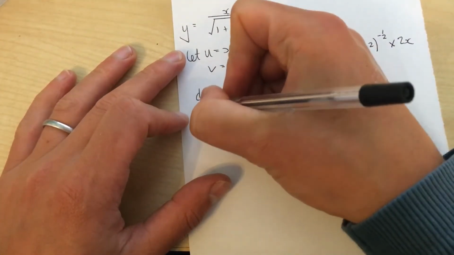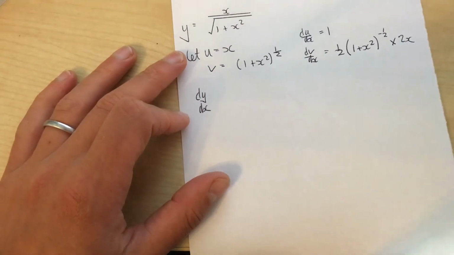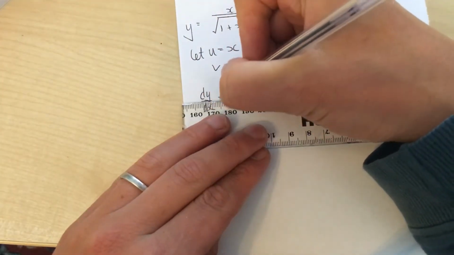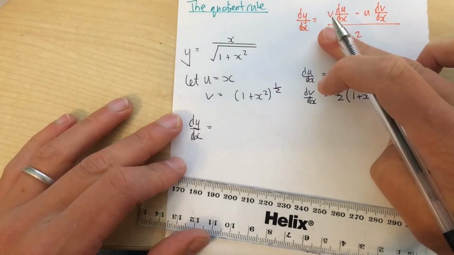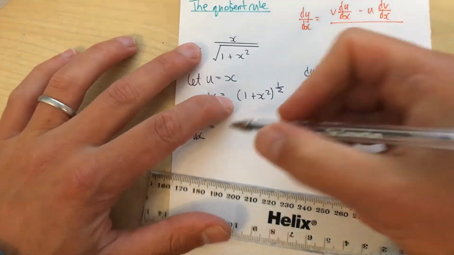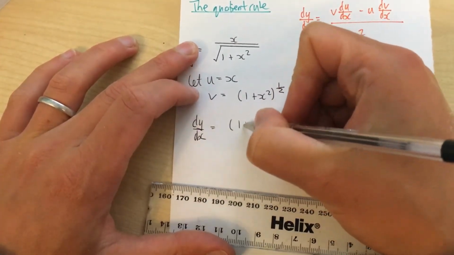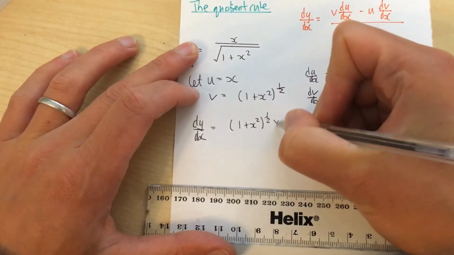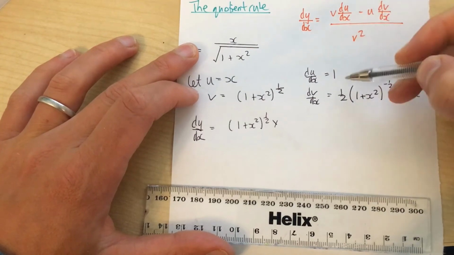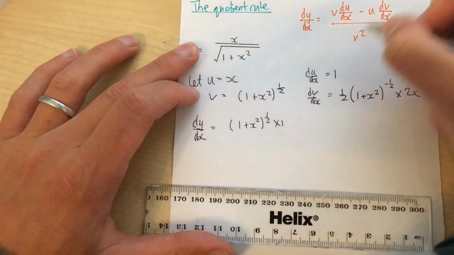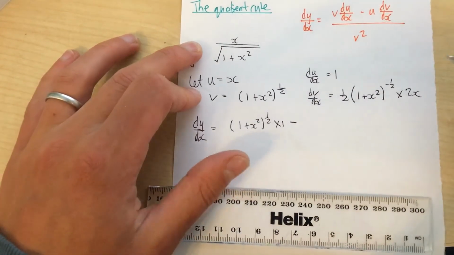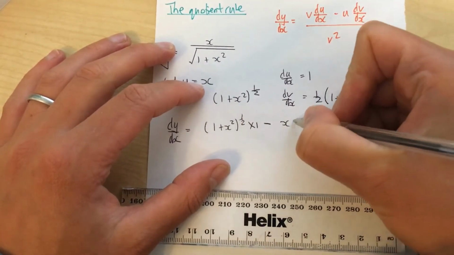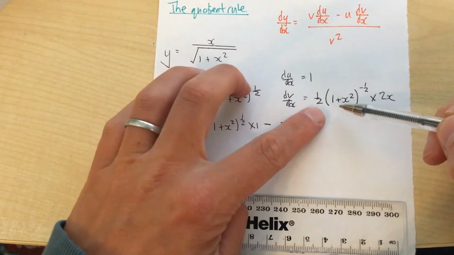So we can say dy by dx equals v du dx, well there's v, so that's 1 plus x squared to the half, multiplied by du dx, which is 1, take away, minus u, which is x, multiplied by dv dx.